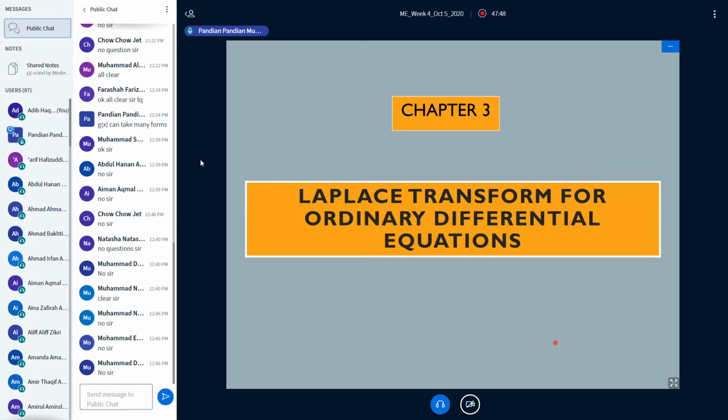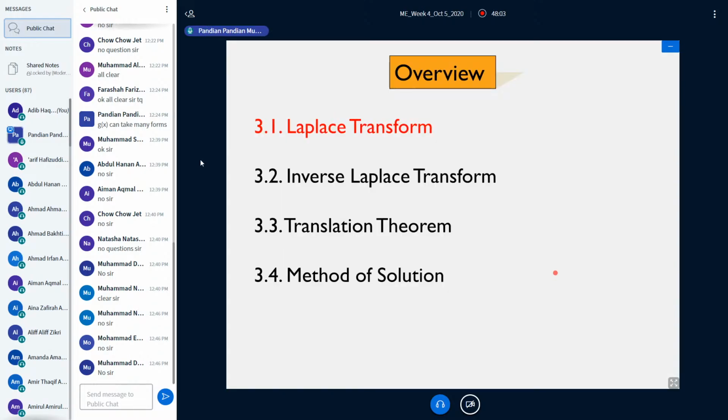So the keyword here is Laplace transform. You may ask why we want to study Laplace transform. This is more of a philosophical question. I don't want to go into detail today, just to give you a very basic idea about Laplace transform.